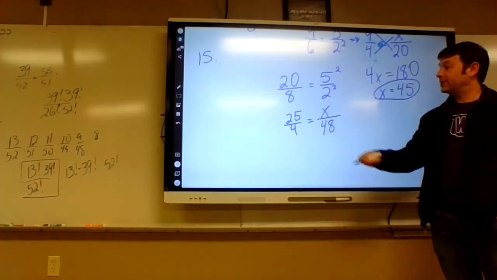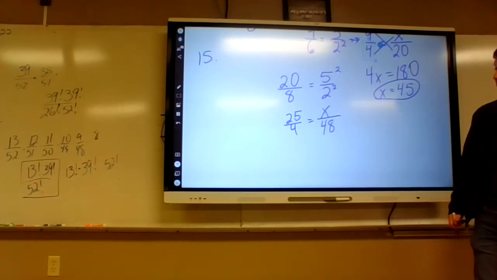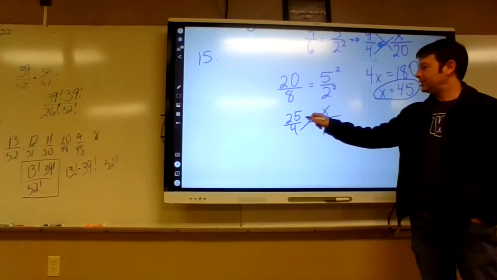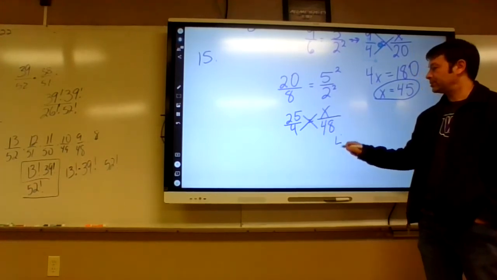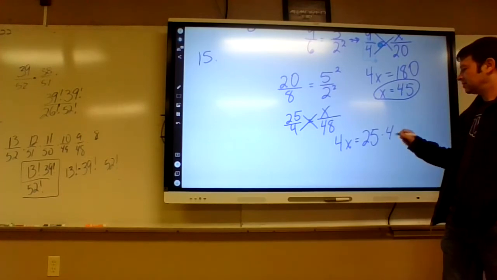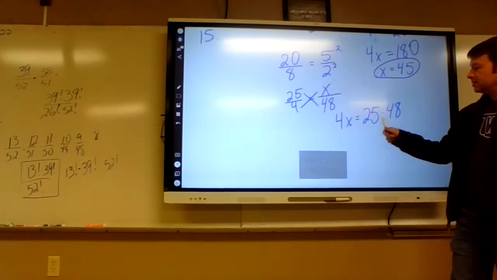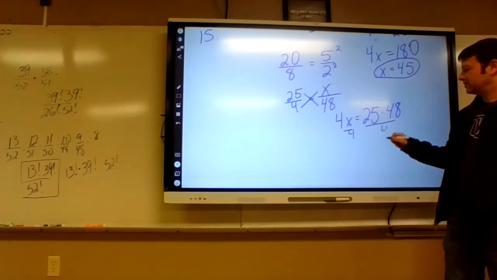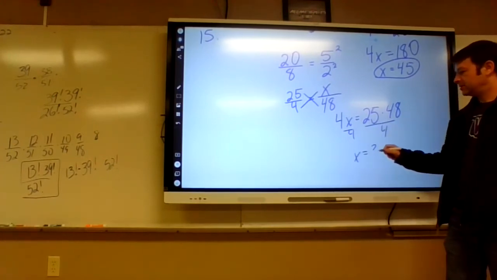So we're looking for the bigger rectangle again. 4x equals something quite large. 1200 divided by 4. 300.